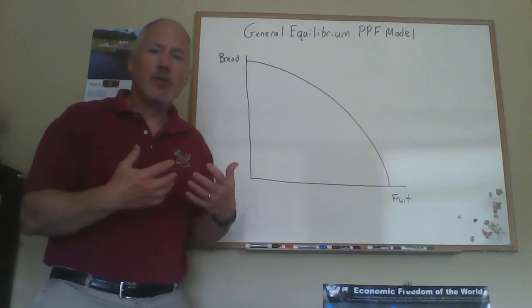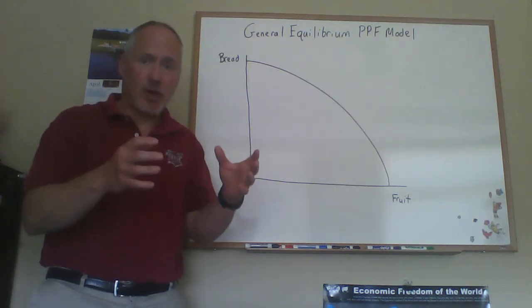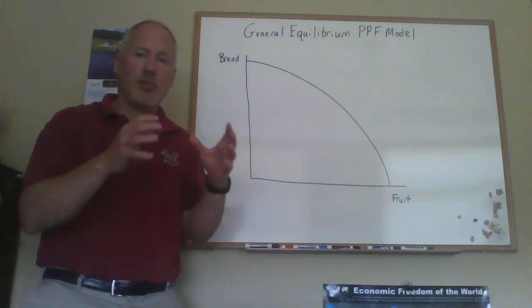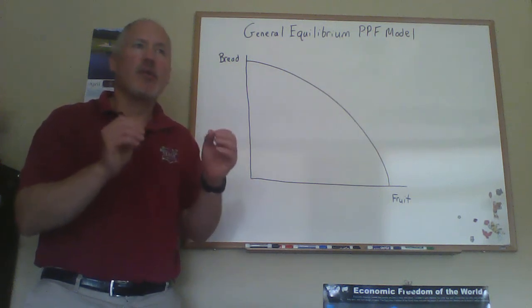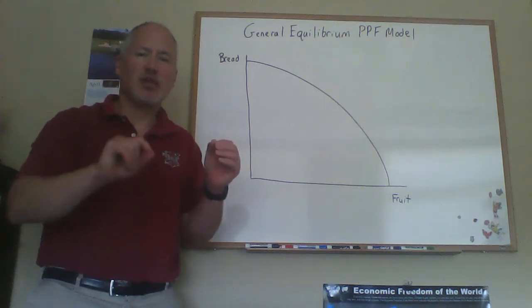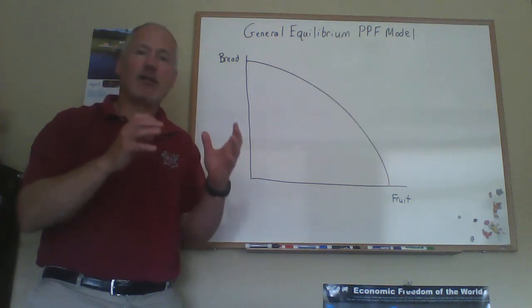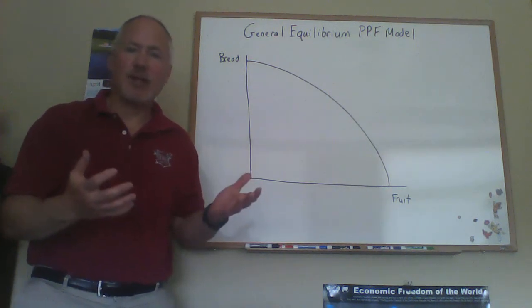So we're looking at one market in isolation and asking how that market goes about equilibrating itself. In a general equilibrium model, we'll have a very simple model of the economy, but the idea is that we're going to consider equilibrium being determined in all of the markets in this simple model economy simultaneously.